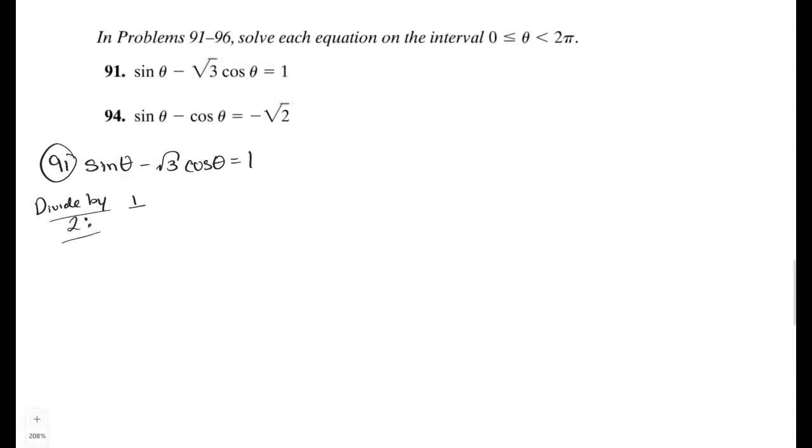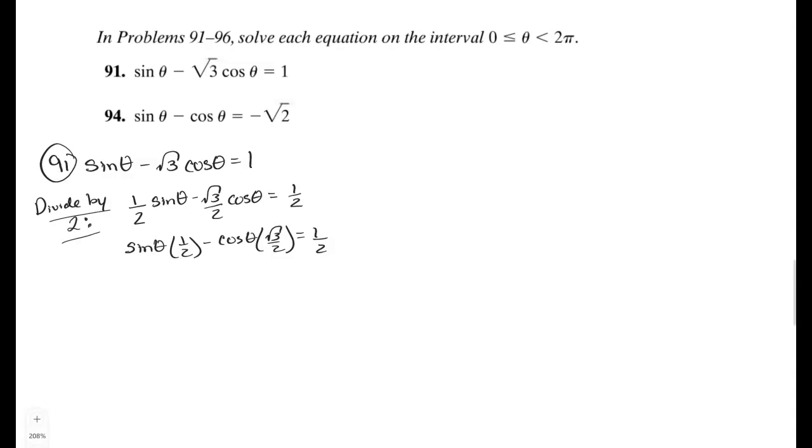So if I divide everything by 2, I'm going to have 1/2 times the sine of theta minus square root of 3 over 2 cosine of theta is equal to 1/2.